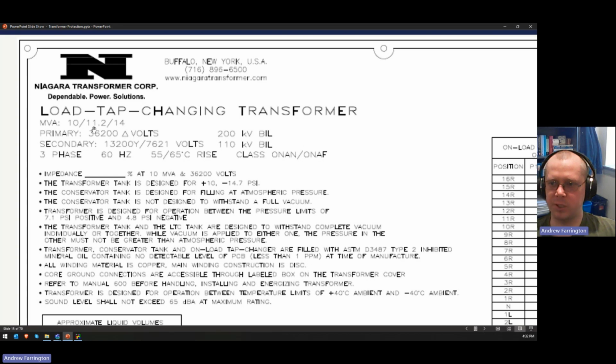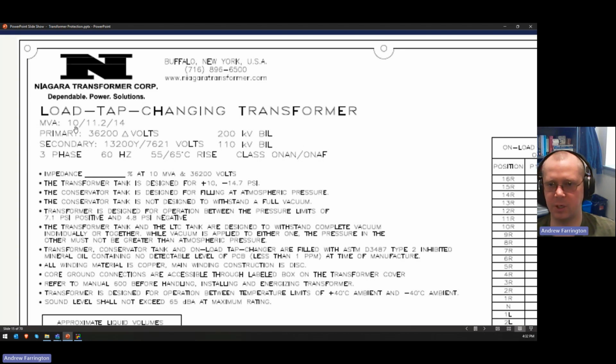This 11.2 is actually at the 65-degree rise. This particular utility historically had 55° C rise rating transformers, and they've recently also included a 65° C rise rating.